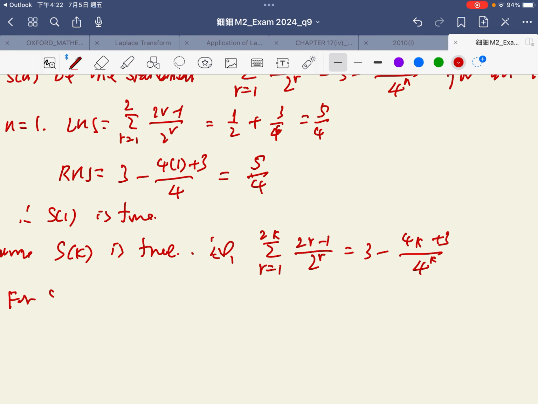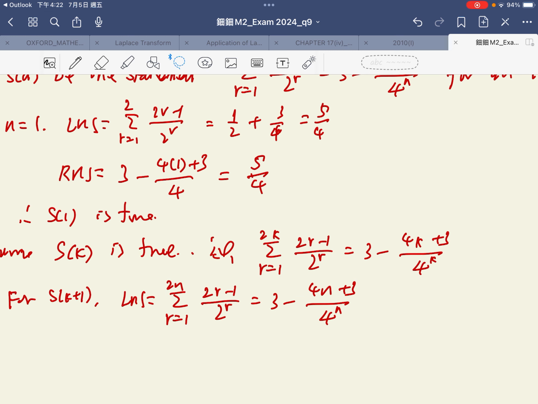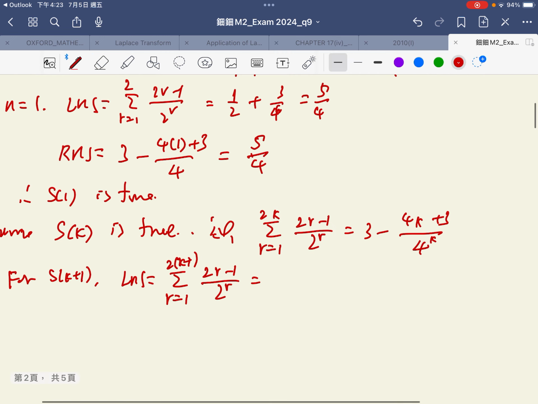Then for Sk plus 1, the left hand side should be this one. The upper limit is 2 times k plus 1.